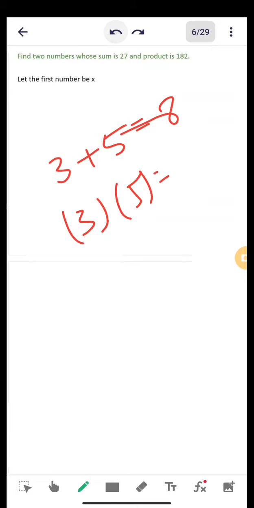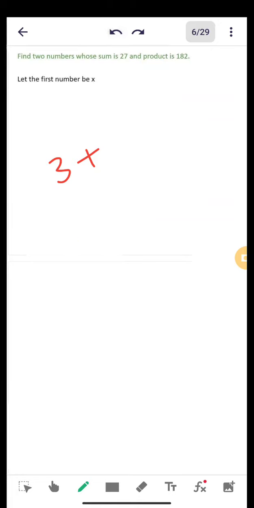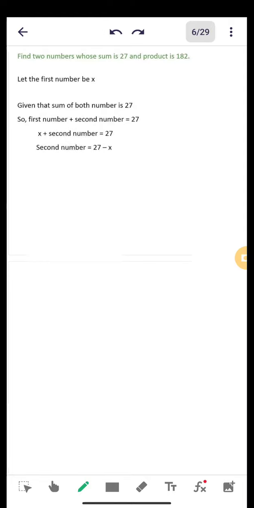So let us take the first number as x. What could be the second number? If the first number is x, the second number will be 27 minus x. Like the example just now: the sum of two numbers is 8, that is 3 plus 5.